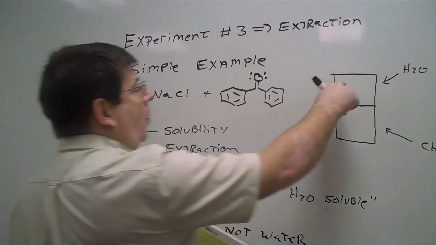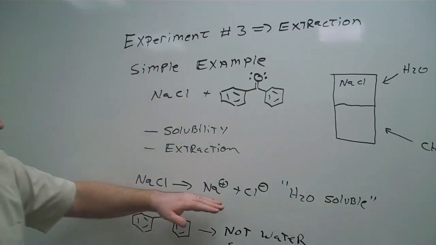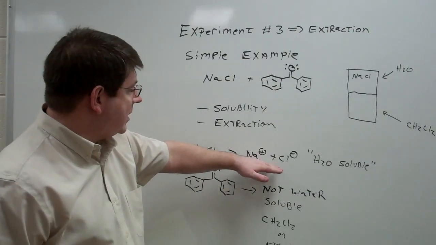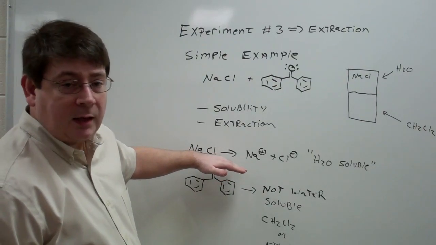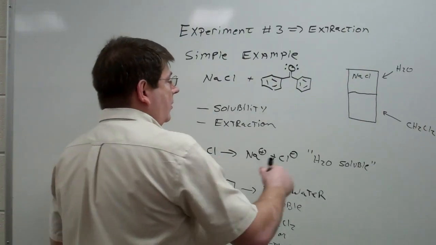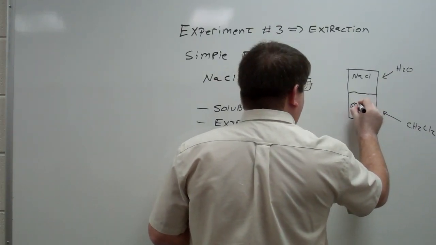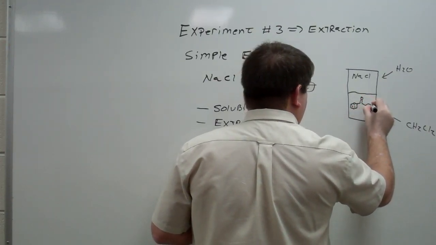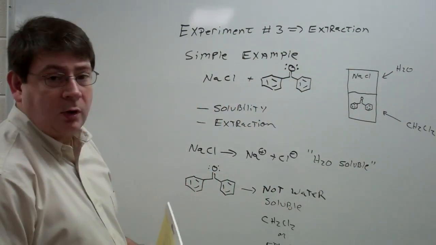What we're going to find in the water layer, of course, is the sodium chloride, because like I mentioned here, it dissolves in water forming its ions, so it's nice and water soluble. Sodium chloride does not dissolve in organic solvents. However, the benzophenone will dissolve in the organic layer and is insoluble in the water layer.